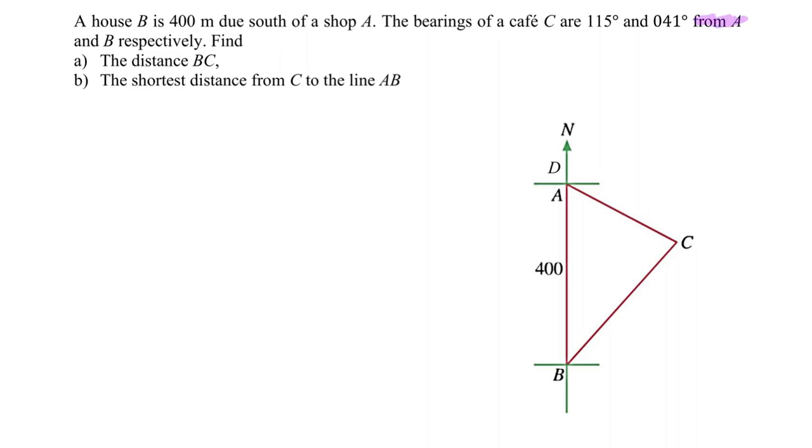From A, the north arrow is already drawn down there. From B, there's the north arrow also. If we look at it from A, the bearing of AC is 115 degrees, so from the north arrow to the ending line, this is 115 degrees.